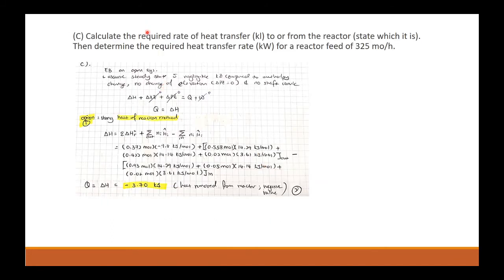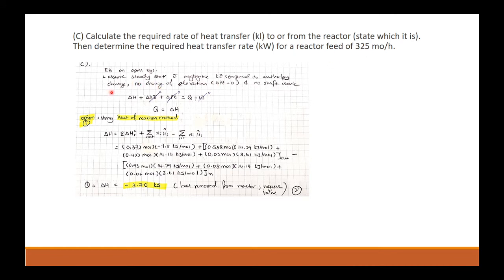So part C: calculate the required rate of heat transfer to or from the reactor, state which it is, then determine the required heat transfer rate in kilowatts for a reactor feed of 325 moles per hour.